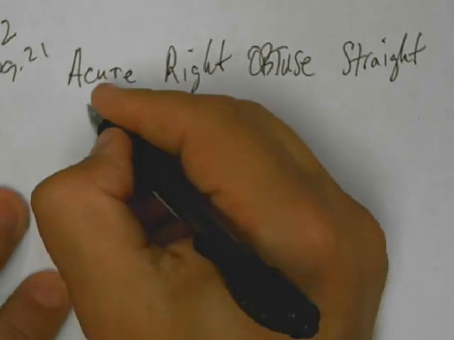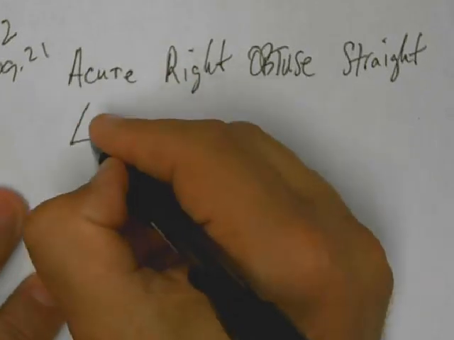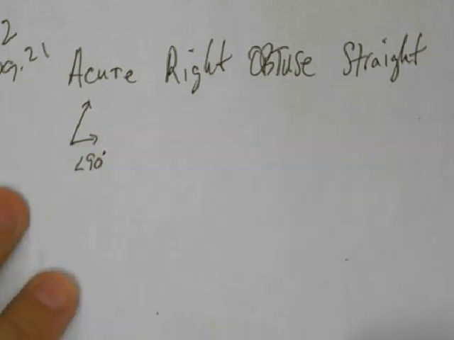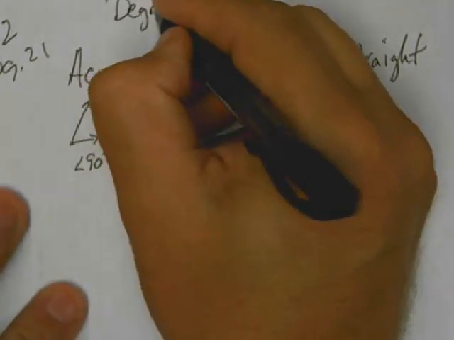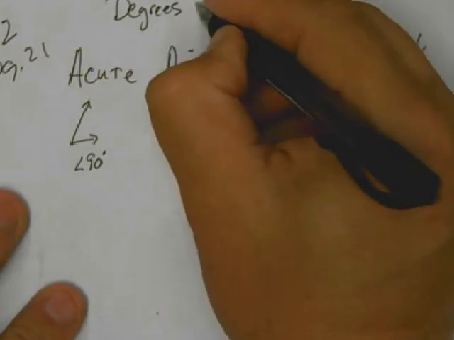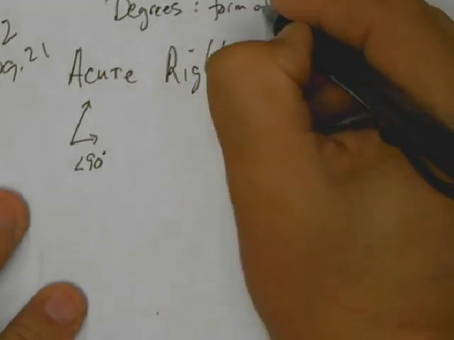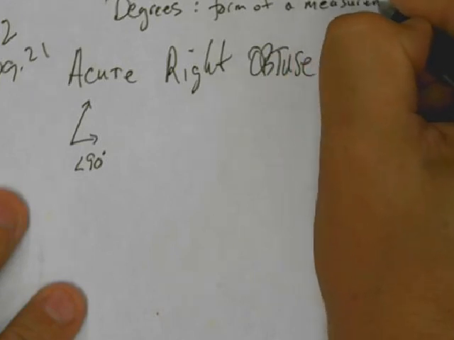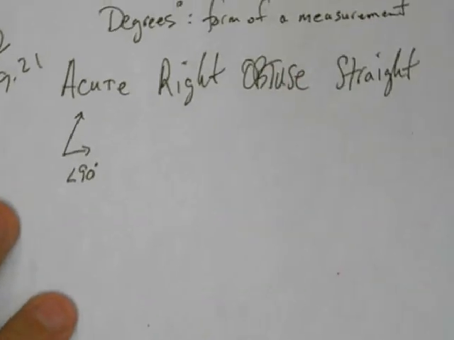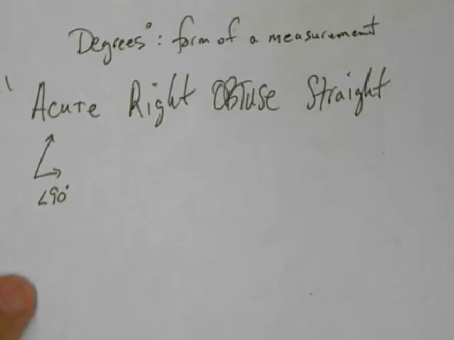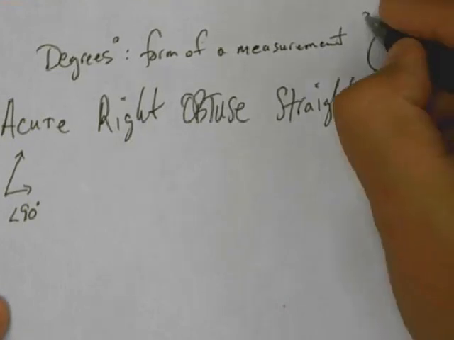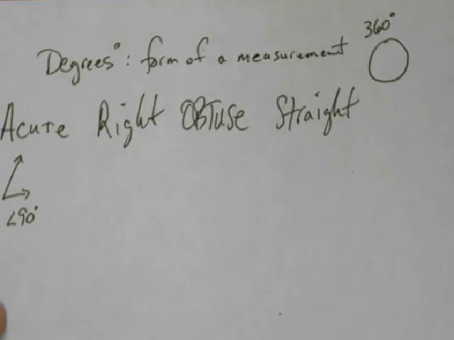An acute angle looks like this, something less than 90 degrees. Degrees is the form of measurement for angles. We know that a circle is 360 degrees all the way around.